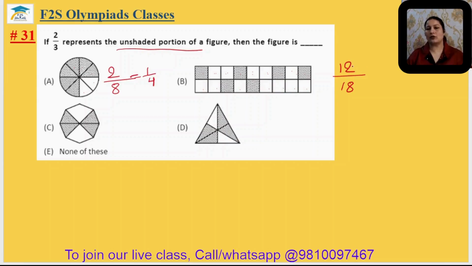So we can simplify it with 6: 6 2s are 12, 6 3s are 18, 2 by 3. That means we found the answer as B. The 31st answer is B. Here 2 by 6 cannot be possible. So the 31 answer is option B.